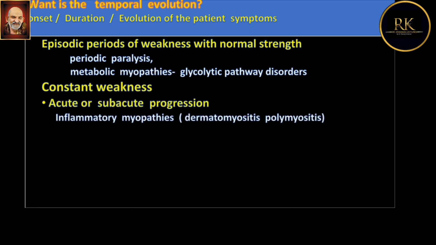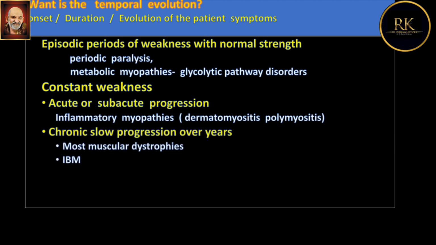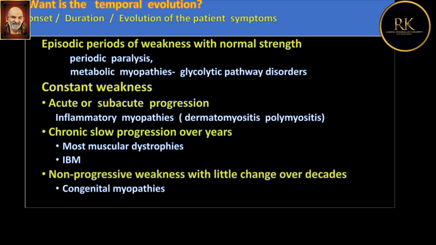If the patient has constant weakness, acute and subacute progression includes inflammatory myopathies such as dermatomyositis and polymyositis. Chronic and slow progression over years includes most of the muscular dystrophies and inclusion body myositis. If the patient has non-progressive weakness with little change over decades, it is mostly due to congenital myopathies.